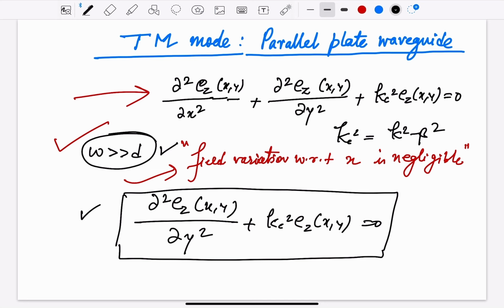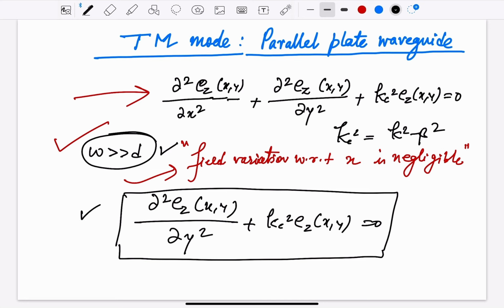Basically, the overall wave propagation you can assume as the group velocity, which we will talk about later. So this phase velocity is not equal to the speed at which the overall wave propagates along this waveguide or parallel plate system.